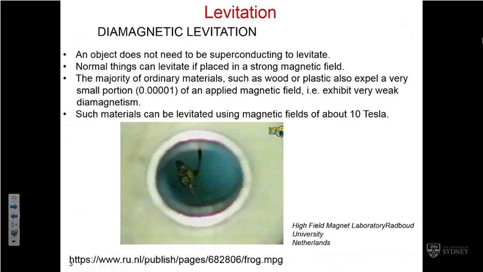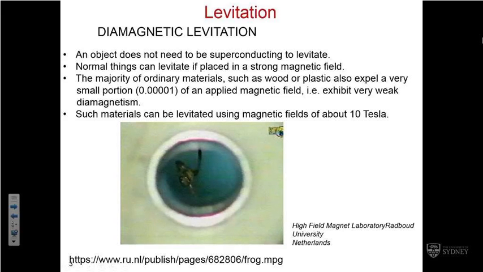From this same laboratory, they have managed to levitate a frog, because as you know, all materials exhibit some diamagnetism, and a frog is no different from a material such as wood, plastic, or me. So the frog can also expel some of the magnetic field lines from it, and so what it's in here is a magnetic environment.